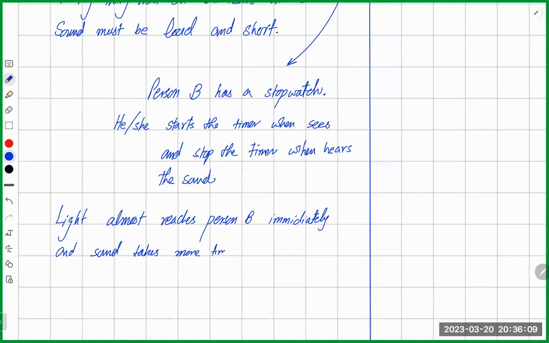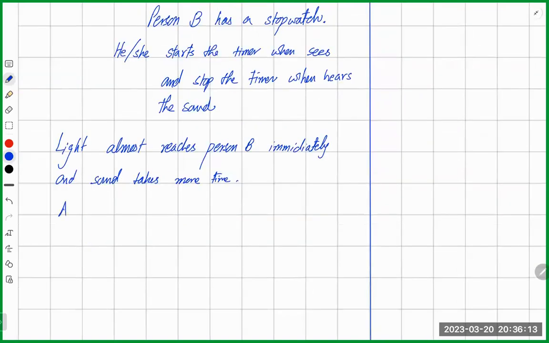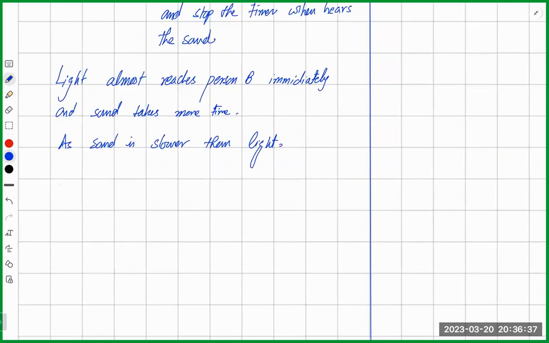This is because sound is slower than light. So light will reach the person B immediately. He will start the stopwatch, and sound will take some time. And when sound reaches the person B, he stops the stopwatch.